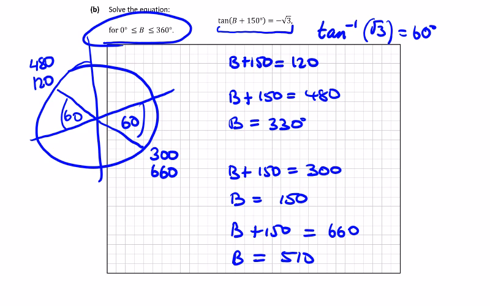So I think the two answers for this one are 330 and 150. And if you check in your calculator, the tan of 480 is in fact negative root 3, as is the tan of 300. So that question finalizes your revision, hopefully, for trig identities and functions.